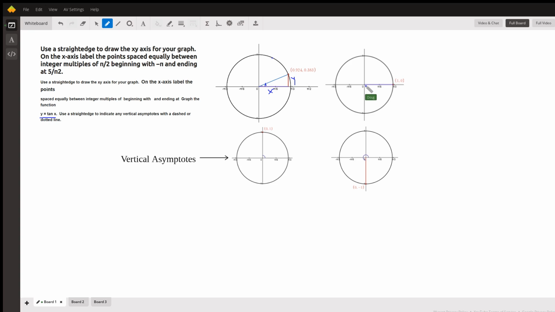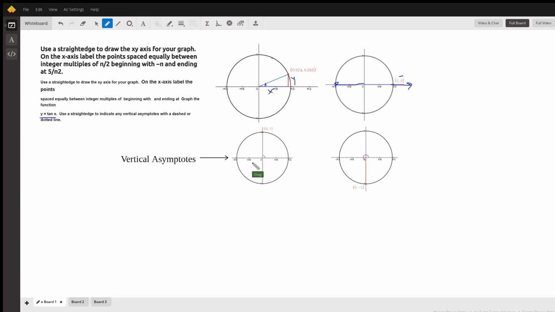Now, when the angle is a quadrantal angle lying along the x-axis, the y value is 0. So the tangent of 0 or the tangent of pi is 0 because we've got 0 over 1.